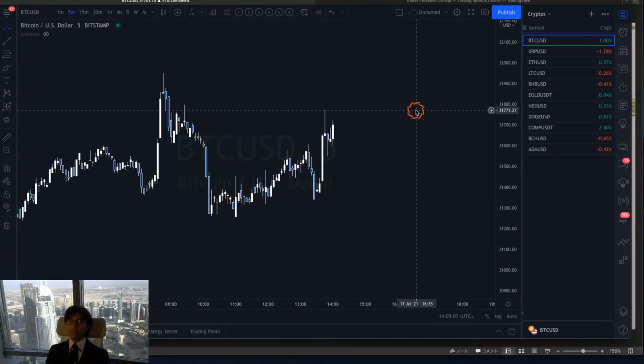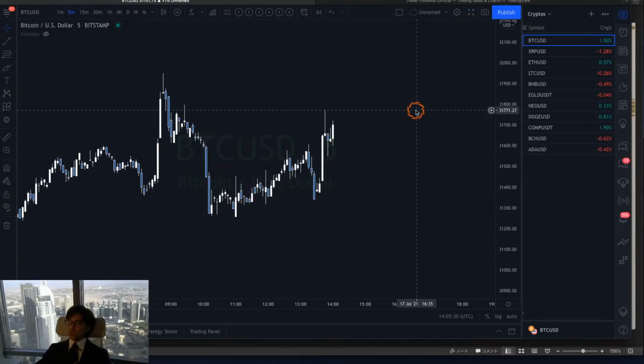So if you master price action, then you have better understanding of the other indicators, and also more importantly, you can exactly analyze what's happening in the market, and you can make decisions based on the price action.